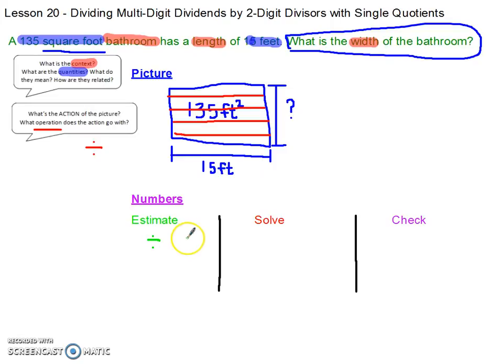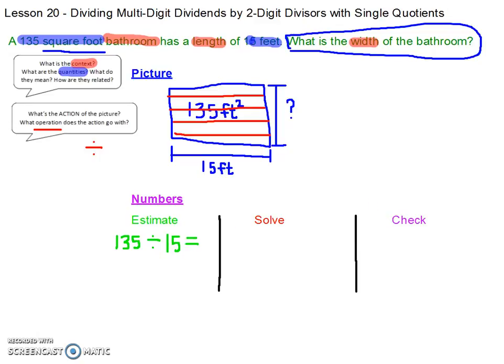And so now we need to figure out what numbers go where. My number in the front of a horizontal division equation is always my whole. And my whole in my picture, the whole thing is worth 135 square feet. And so my 135 would go first. And then I have already divided it up into that 15 feet.